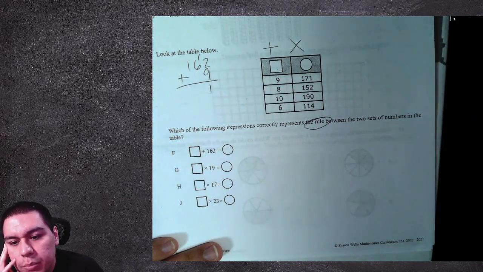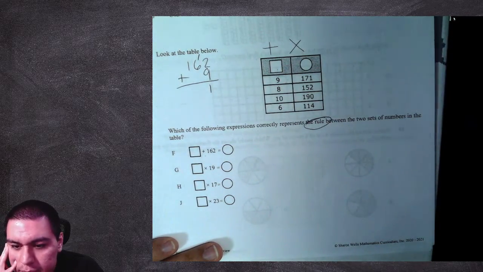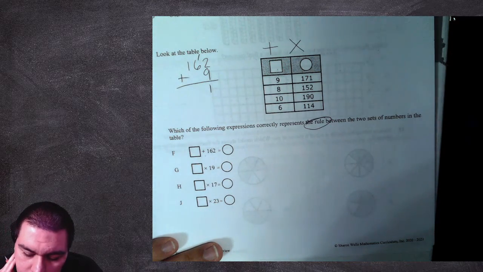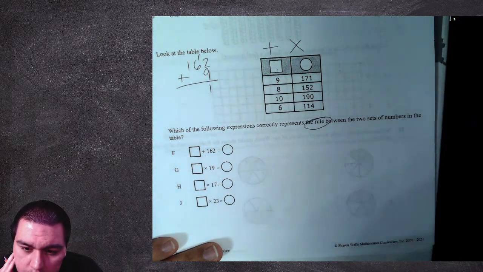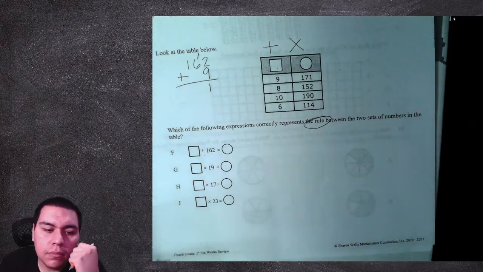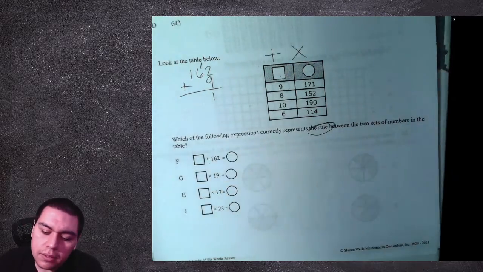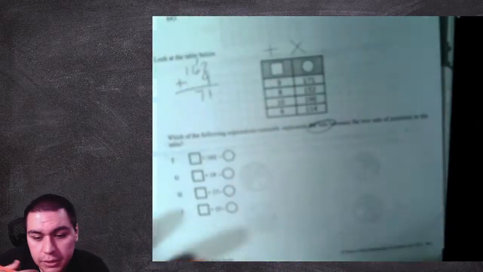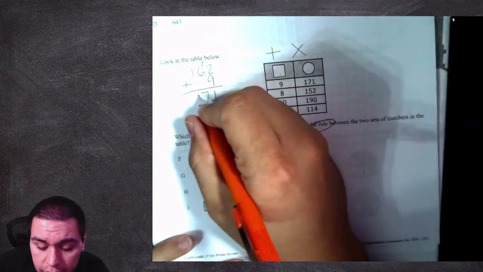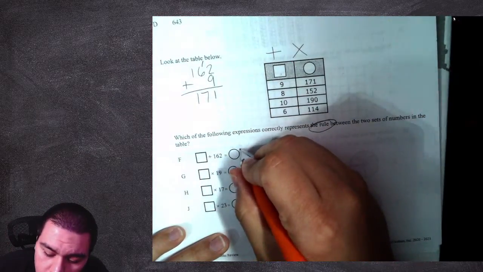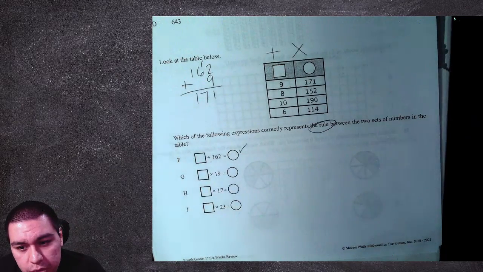What is 6 plus 1? 7. And 1 plus nothing means it's not going to change. It's still just a 1. 171. Okay. It worked for the first number.